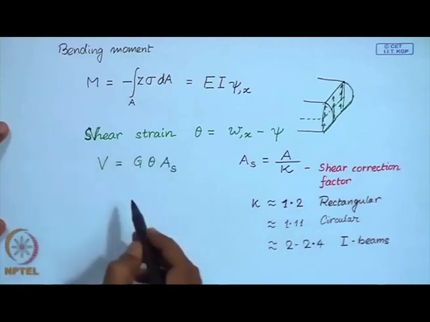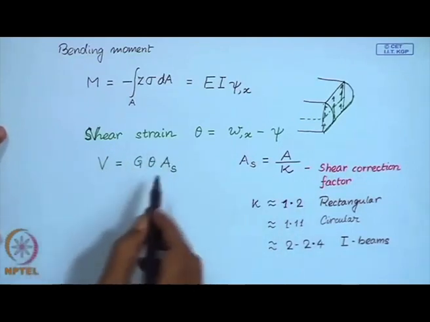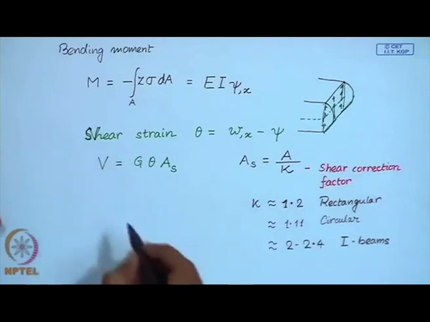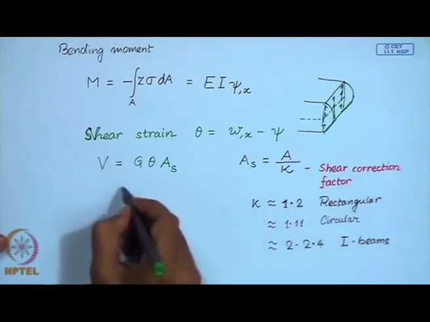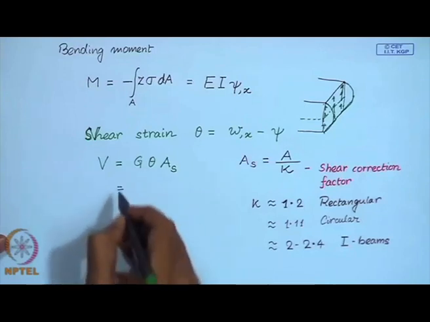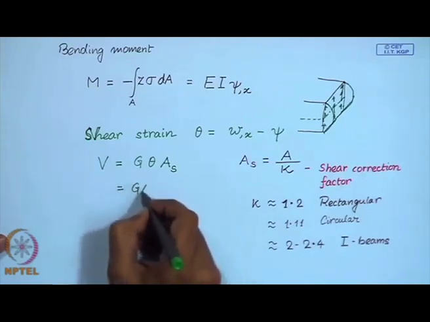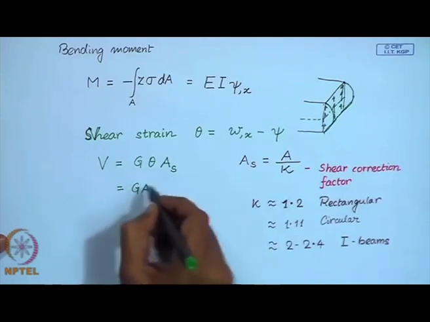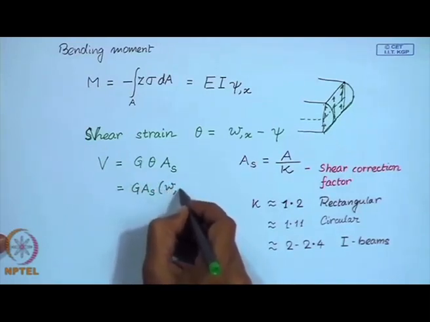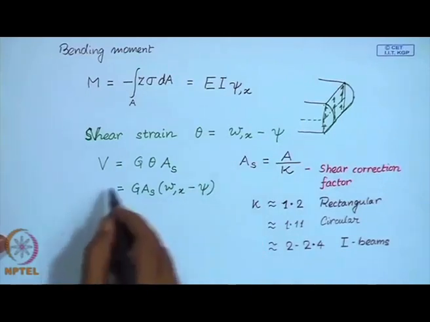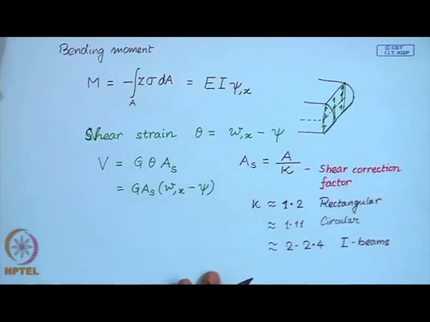Now, here we now have a very simple expression of the shear force acting on the cross section. So, therefore, we can write this as, so that is the expression of our shear force.